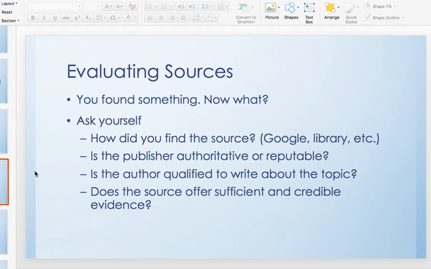No. A reputable or authoritative source would be the government publishing specific statistics, an expert in the field, or some kind of healthcare authority. For example, Mayo Clinic would be considered authoritative, or the World Health Organization.